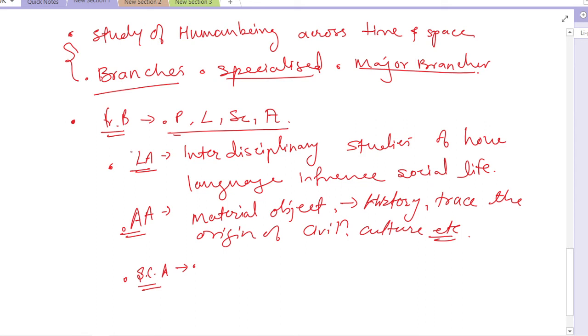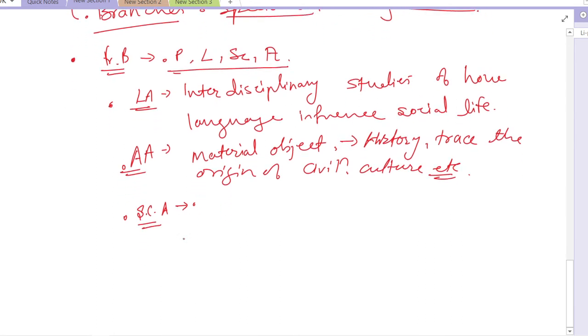Basically, we try to understand how the human way of life is different and similar across time and space. And the last one is biological anthropology.